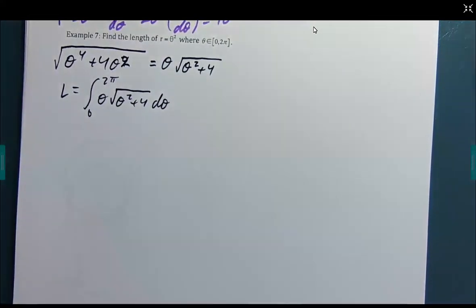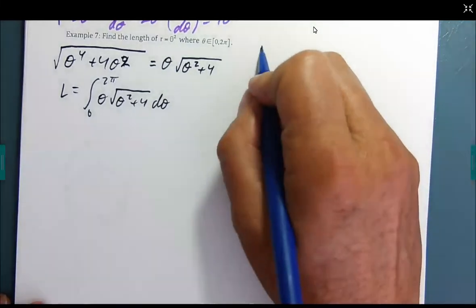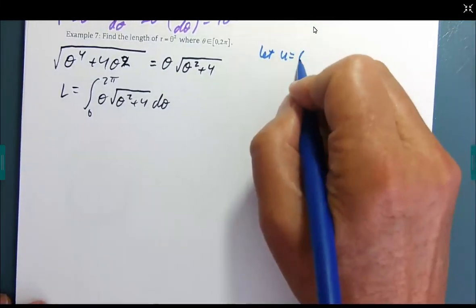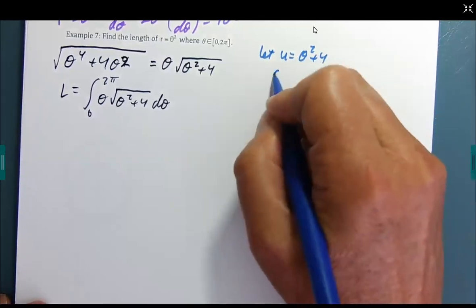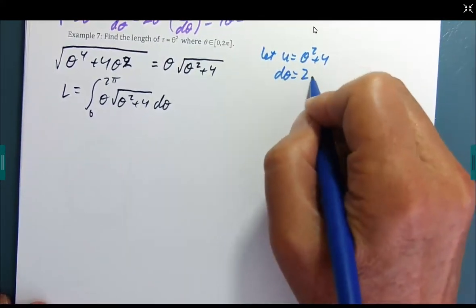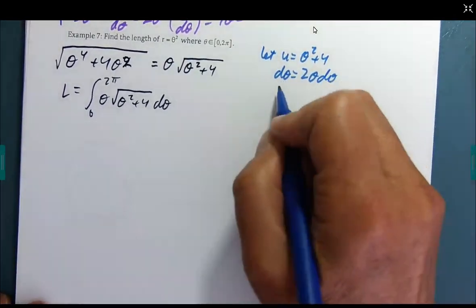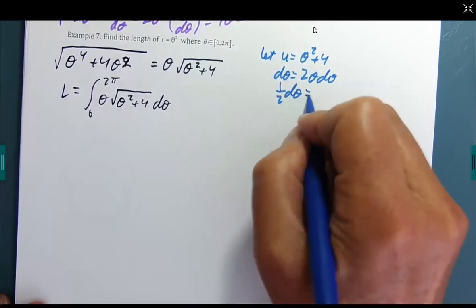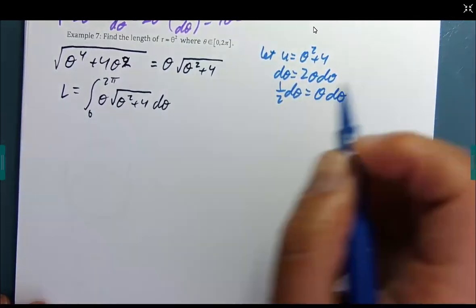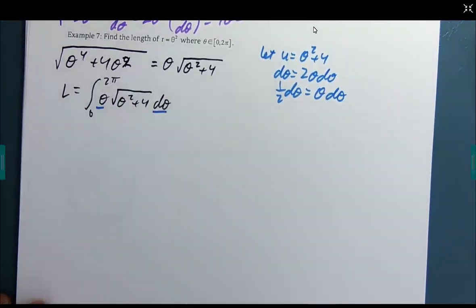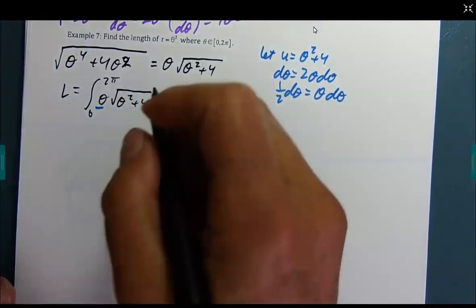Now I'm going to do a substitution. I'm going to let u be theta squared plus 4. du is 2 theta d theta. We can see our du there. We're going to get an extra 1/2.